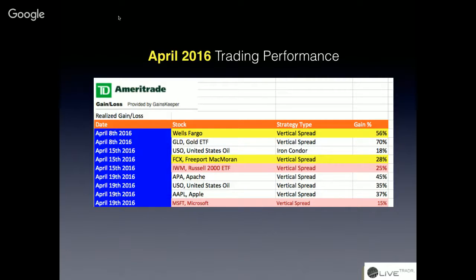In fact, March, February, and January 2016 were an even more fantastic month because the implied volatility in January, February, and towards the middle of March was high, and we were selling a lot of credit spreads.